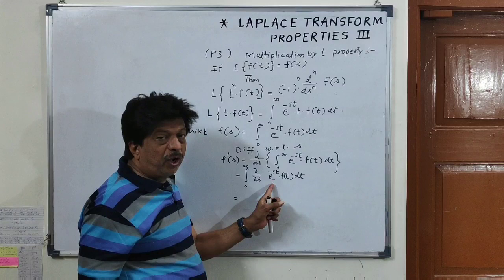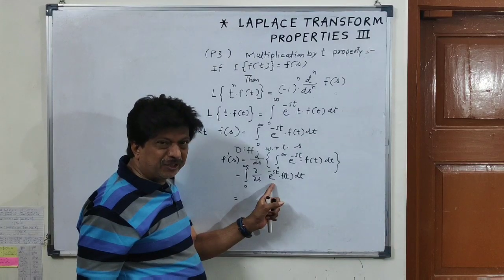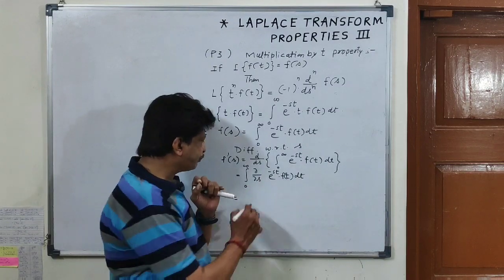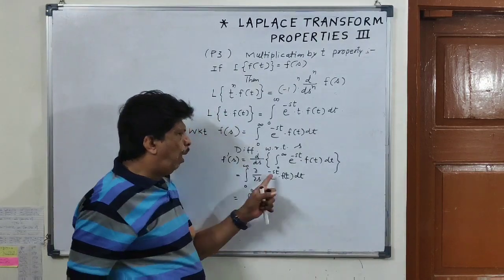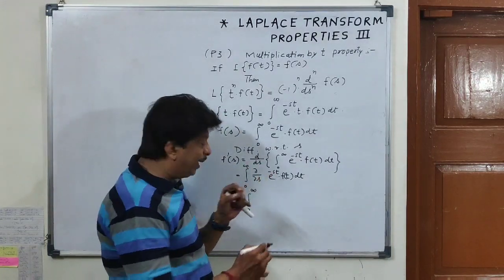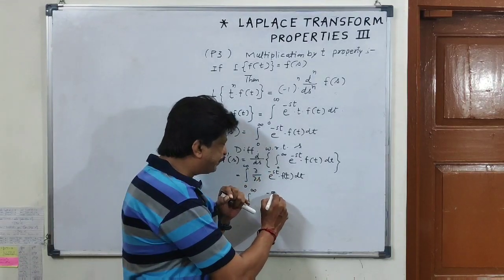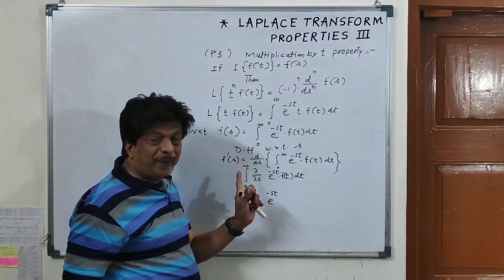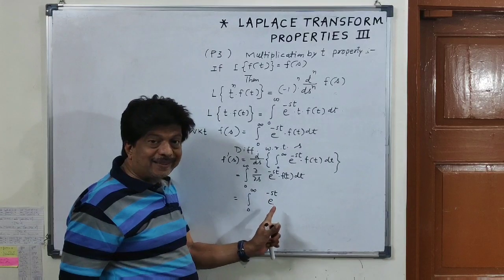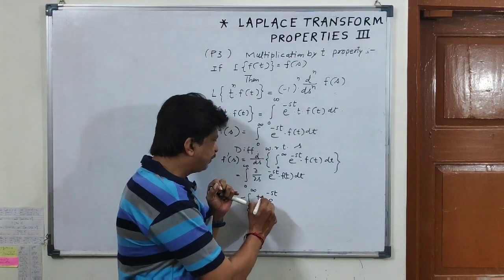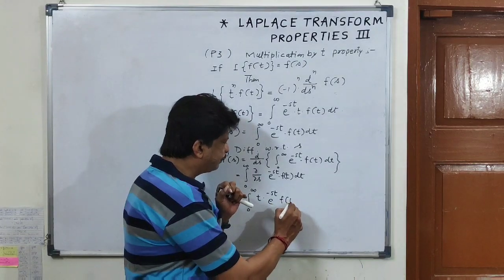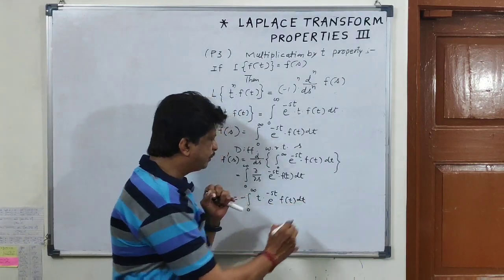What is the partial derivative of e raised to power minus st with respect to s? Integral 0 to infinity, the partial derivative of e raised to power minus st with respect to s is e raised to power minus st into minus t. Minus t into f of t dt.